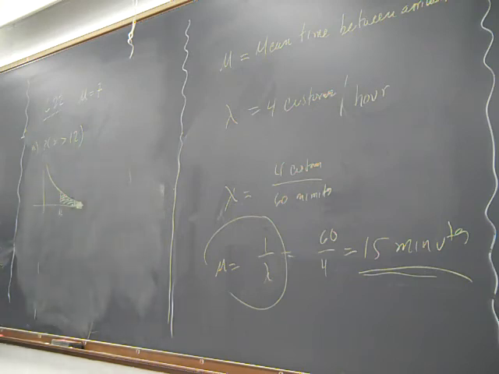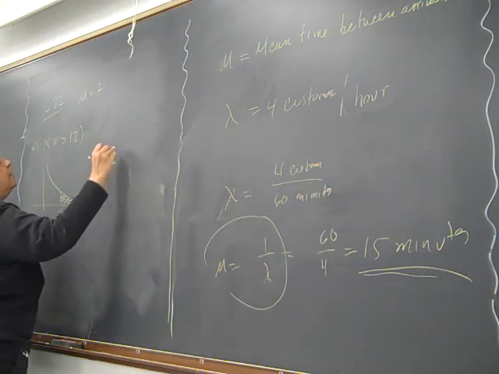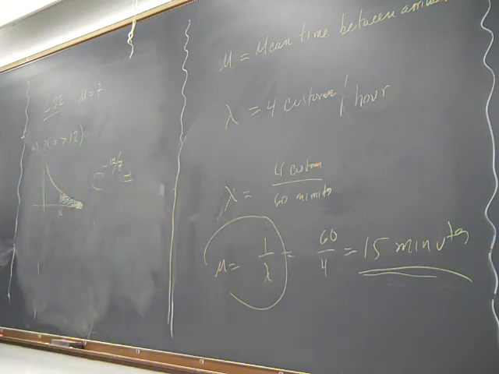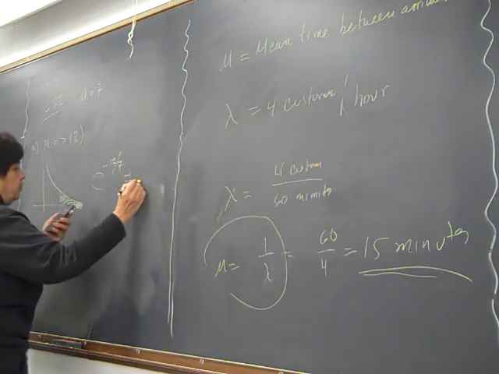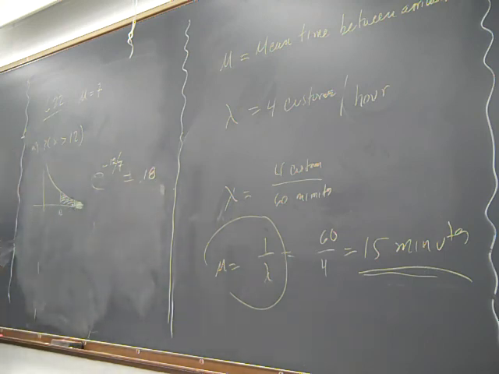It's pretty easy. This is e to the power of minus 12 divided by 7. Put it into the calculator, and this probability is equal to 0.18.